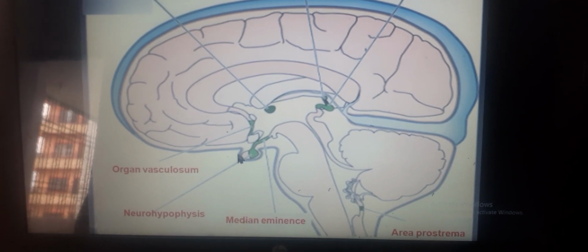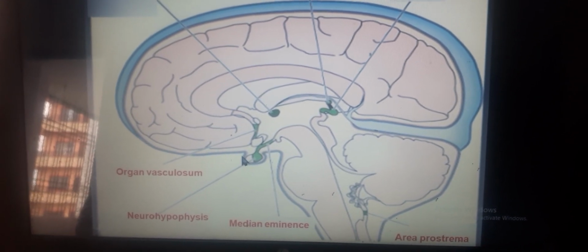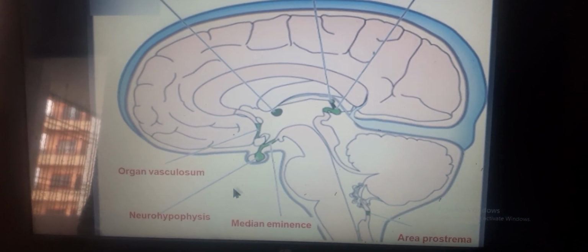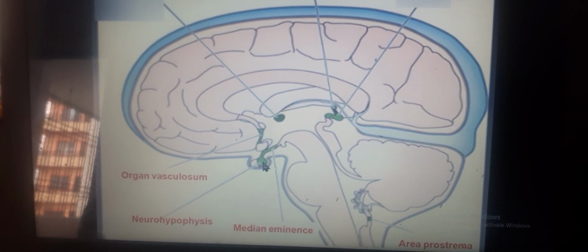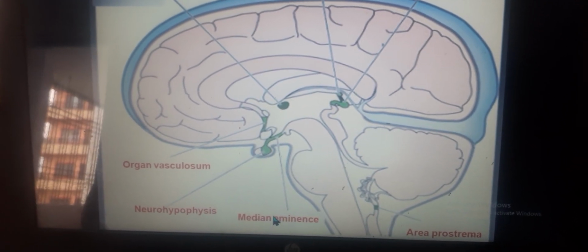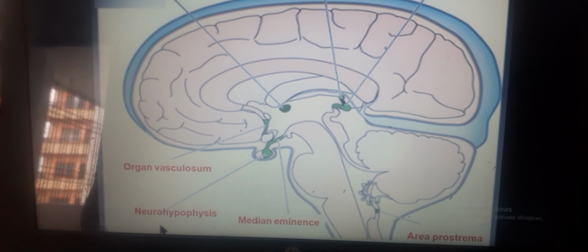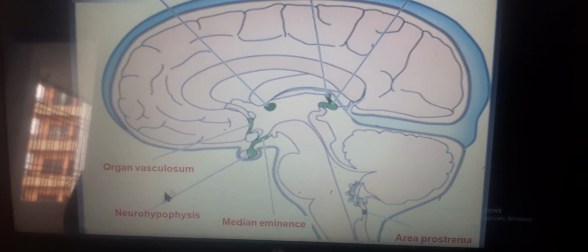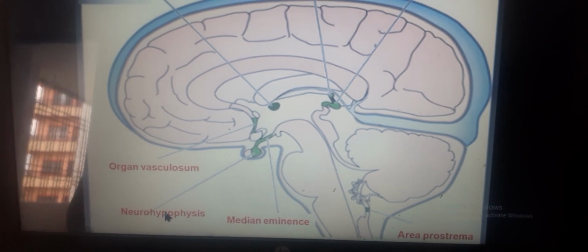Inside the sella turcica is the pituitary gland, and this is the posterior pituitary, the neurohypophysis. Median eminence releases anterior pituitary hormones, and the neurohypophysis releases antidiuretic hormone and oxytocin.